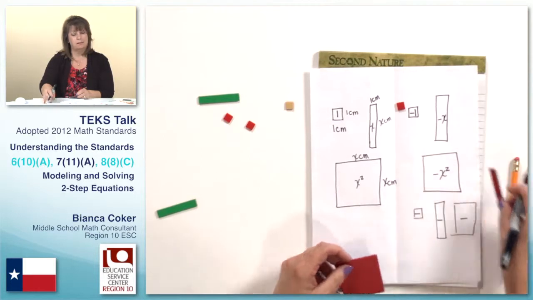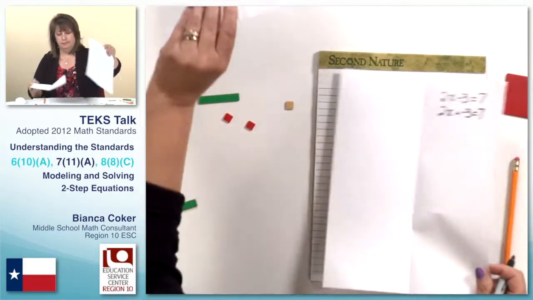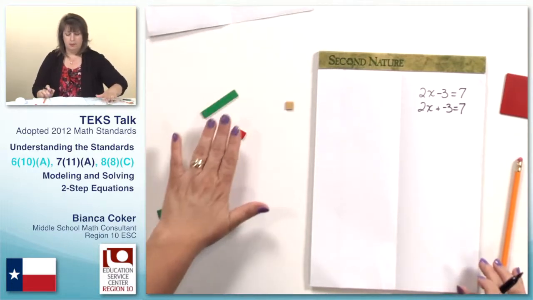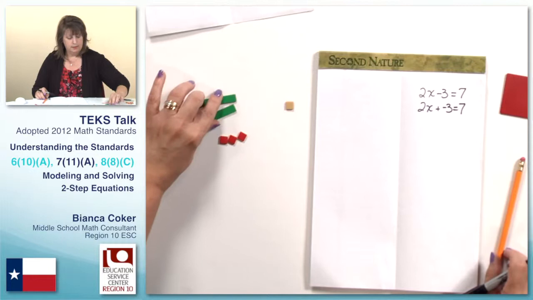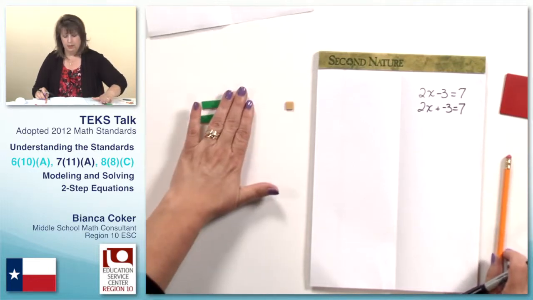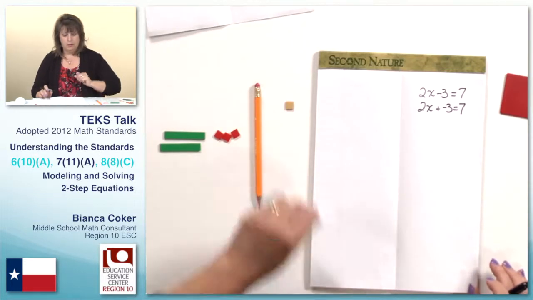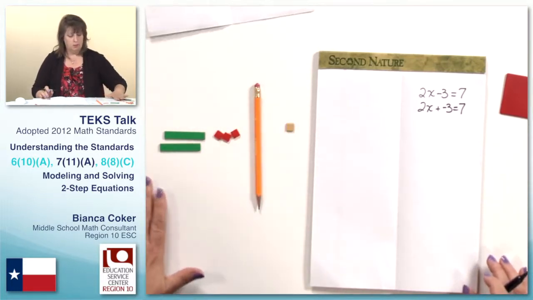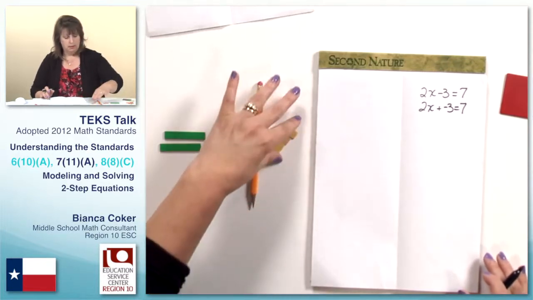Does that make sense? So let's jump back to our problem and see how we model it. So we have the 2x plus 3 negatives. There we go. Now we know what we're doing. We have our equal sign, and then we're going to need 7 ones on the other side. There we go.